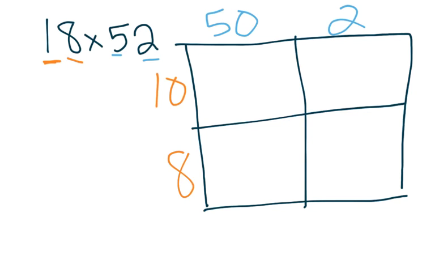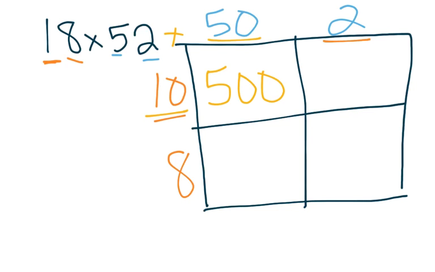So first, I'm going to try and color code this for you so you can see what I'm doing here. I'm going to do 50 times 10. Okay, and I know 5 times 1 is 5, and I have 2 zeros left over, so that's going to get me 500. And then the next thing I'm going to do is my 10 times my 2.